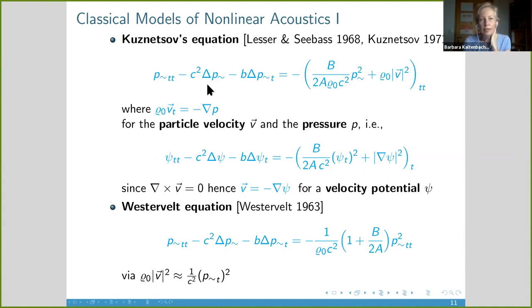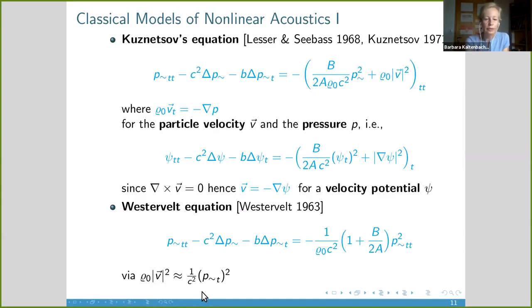Starting from Kuznetsov's equation, one can do further simplifications. The first of these is to get rid of this velocity term by what is usually called neglecting local nonlinear effects. That is doing this approximation here.